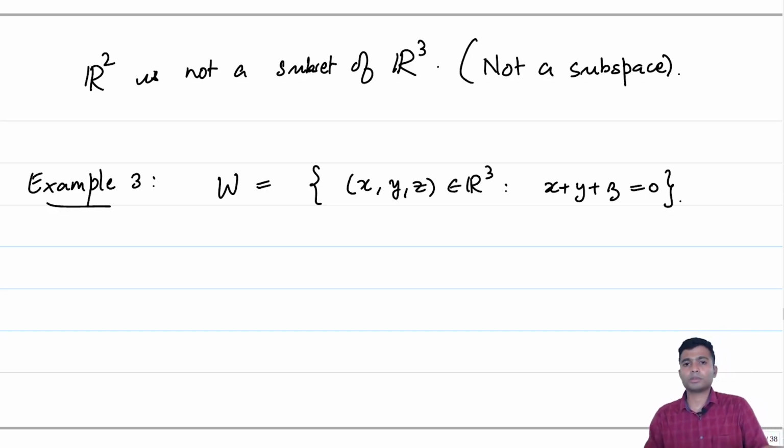So we just have to check that W is closed under vector addition, which is borrowed from R3, and scalar multiplication, which is also borrowed from R3.